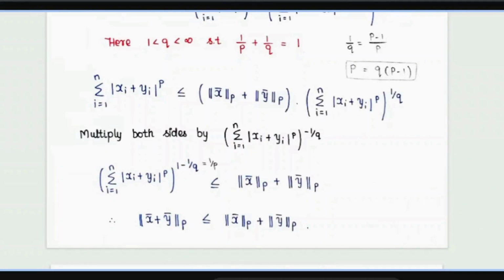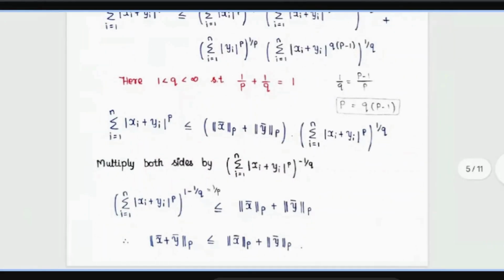So (summation |xi + yi|^p)^(1/p) is the Lp norm of x bar plus y bar, which is less than or equal to the Lp norm of x bar plus the Lp norm of y bar. So we proved the triangle inequality for all p from 1 to infinity.